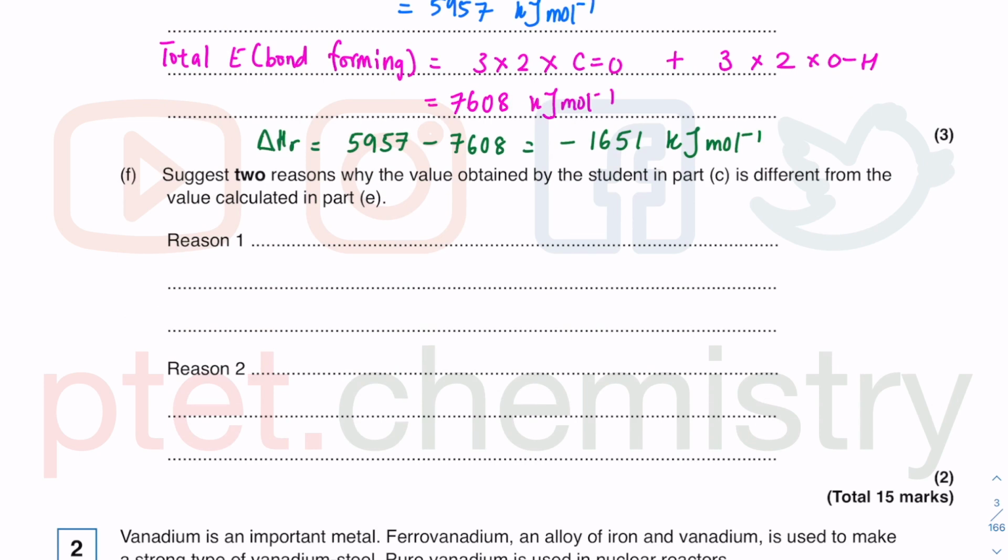In part F, the last part of this really long question, suggest 2 reasons why this value calculated in part C is different from part E. So part E was from bond energy calculations, and it was mean bond enthalpy. I must highlight the word mean bond enthalpy, and in part C it was an enthalpy of combustion experiment.